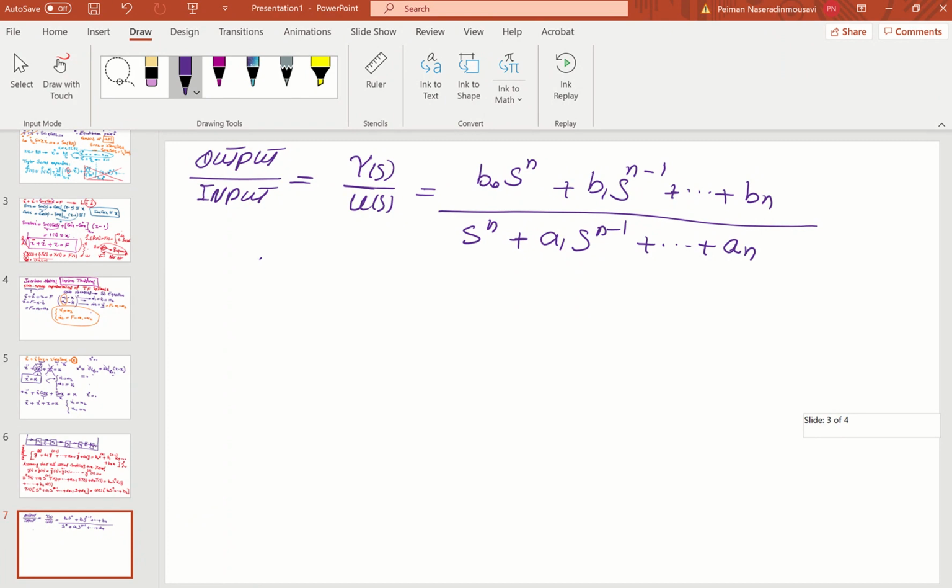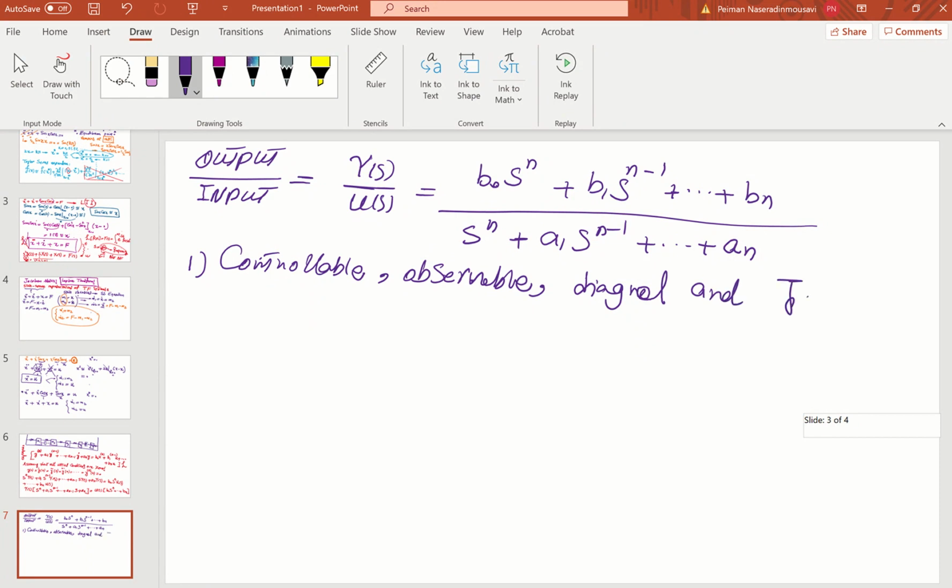So by having this general form of LTI systems, we have four state space representations of the transfer function: controllable, observable, diagonal, and Jordan form of state space representation. 1, 2, 3, 4.